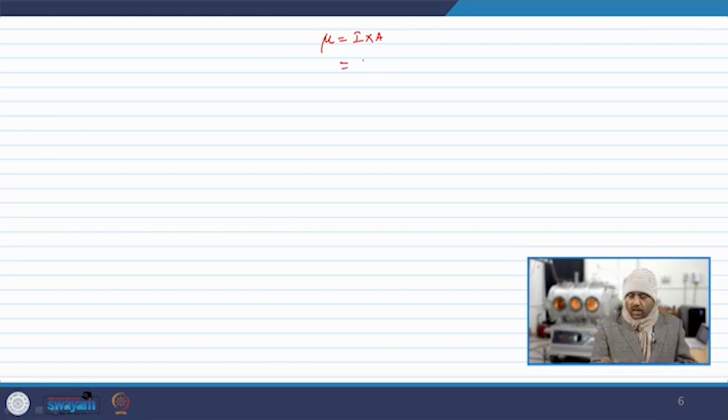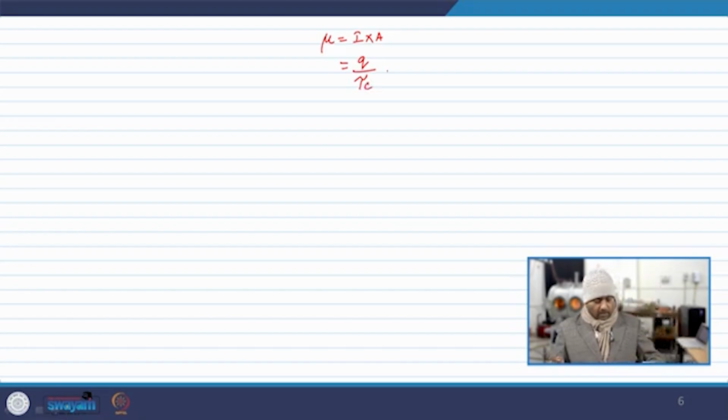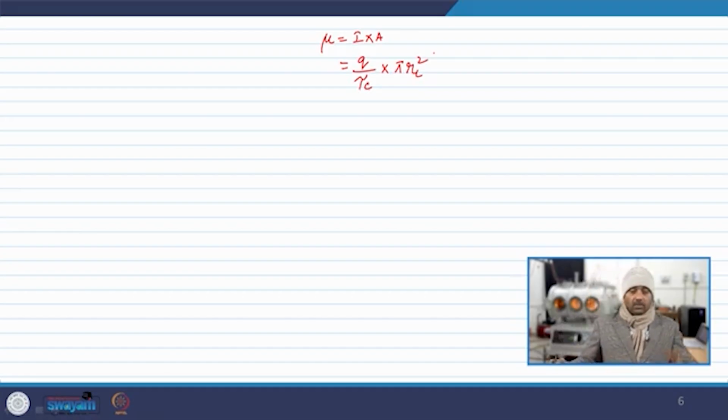If Q is the charge and tau C is the characteristic time for completing this circular motion, and if RL is the radius, we write pi RL square. You understand? Current is charge per unit time, right? Where is the measure of time?